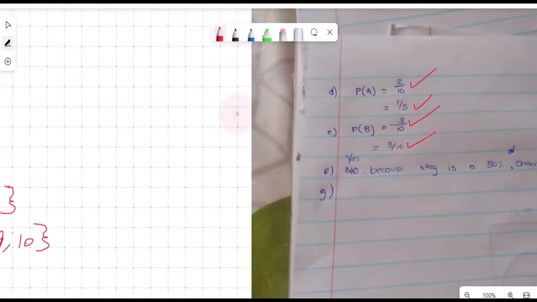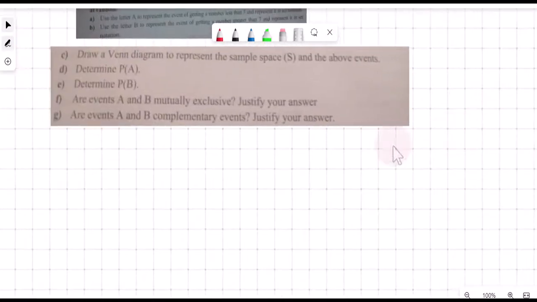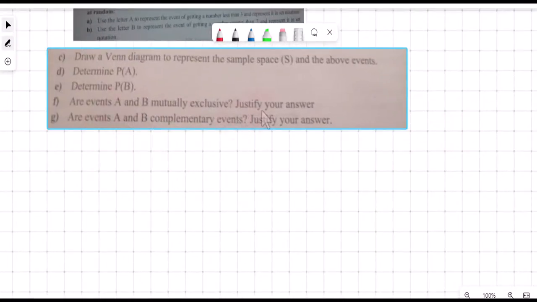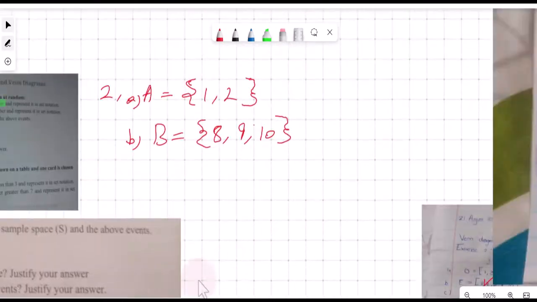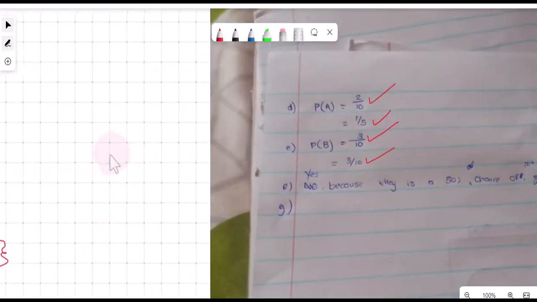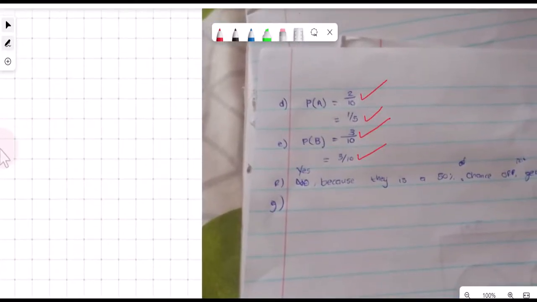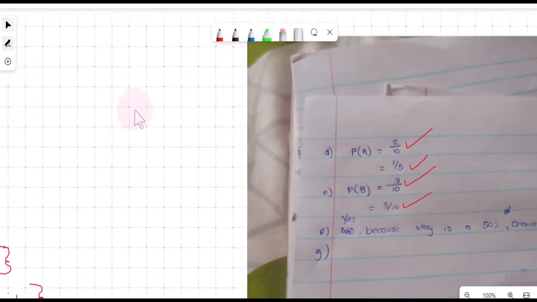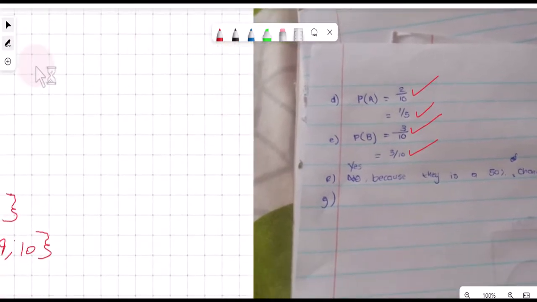And then let's see here. What are they saying? Are events A and B mutually exclusive? Justify your answer. The answer will be yes, because, help me there. Now I won't read yours. I want to hear whether you heard me on the previous answer. Because they cannot.